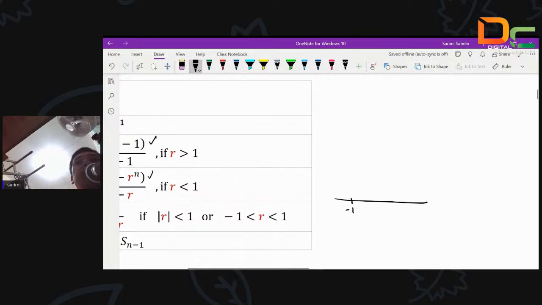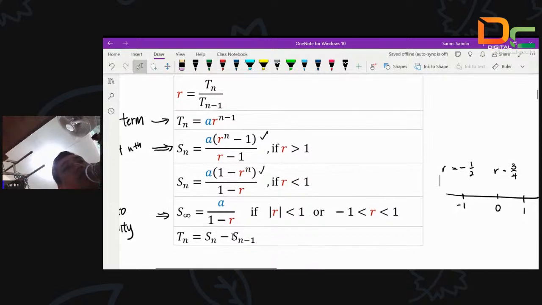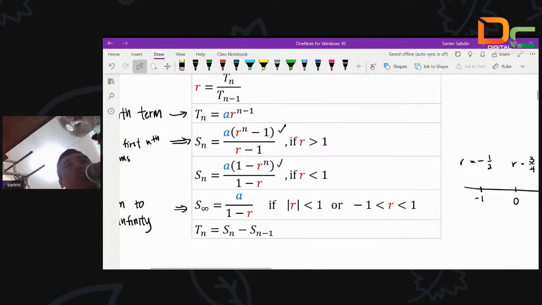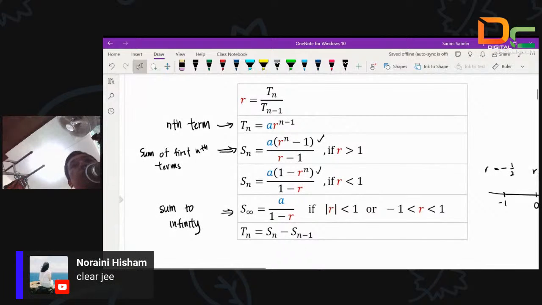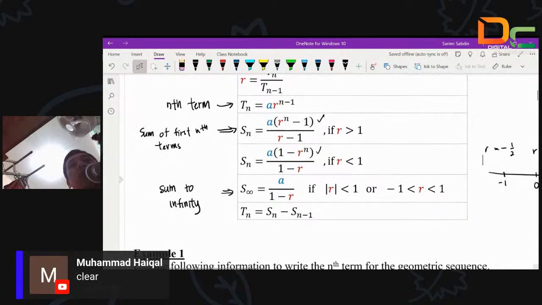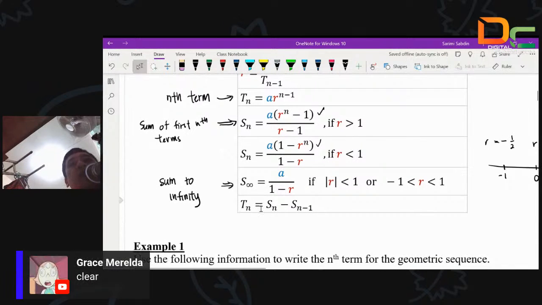Between -1 and 1 means they are fractions that are less than 1, for example 1 over 2, 3 over 4. When R is in this range, it will have a sum to infinity. So that is the fifth formula. And the sixth formula is the same as the arithmetic.